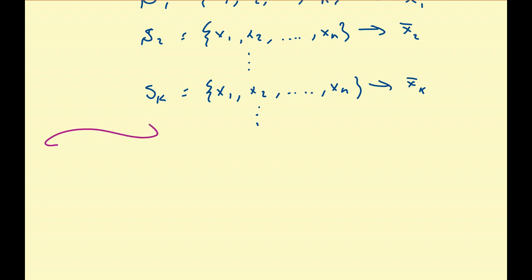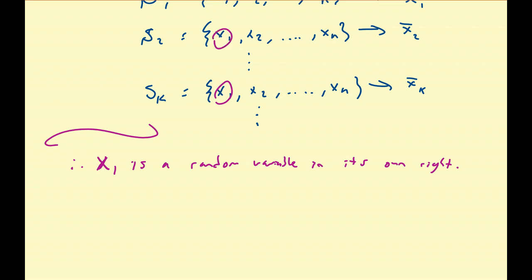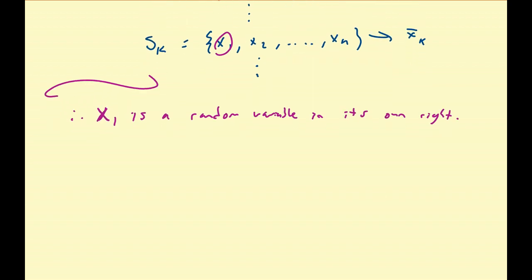So if this is true, what do we have? Therefore, x1 is a random variable in its own right. So x1 represents the random variable that could take any of these values from each of these samples. x2 also, x3 also, xk also, and so forth.